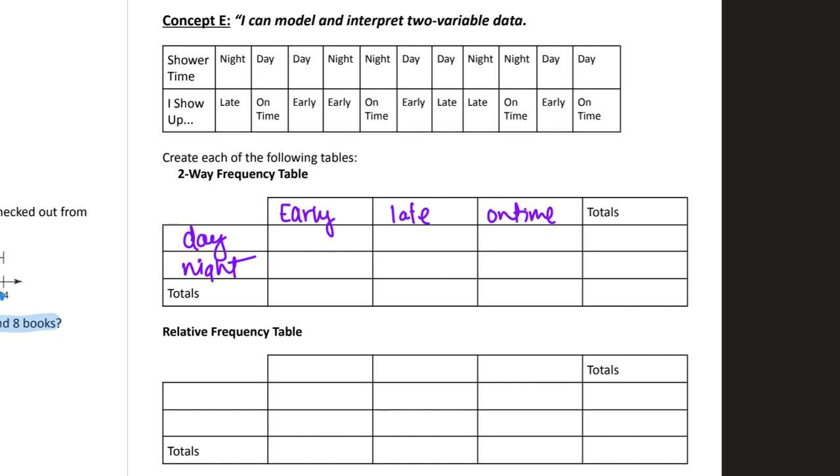Okay, so now I'm just going to tally. So the first individual showers at night and they show up late. Next individual showers during the day and they arrive on time.